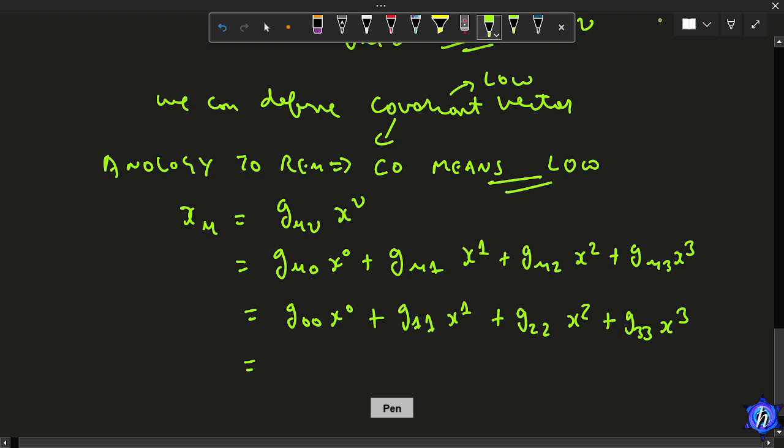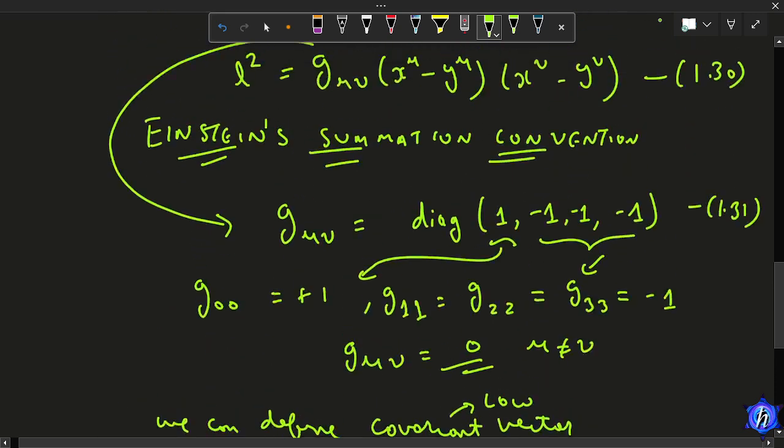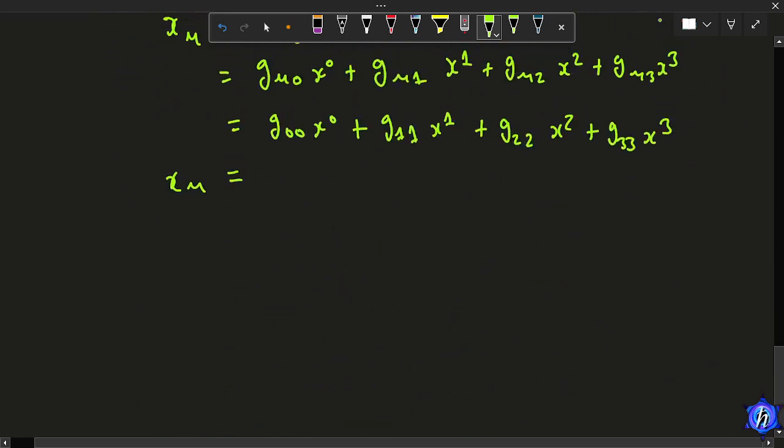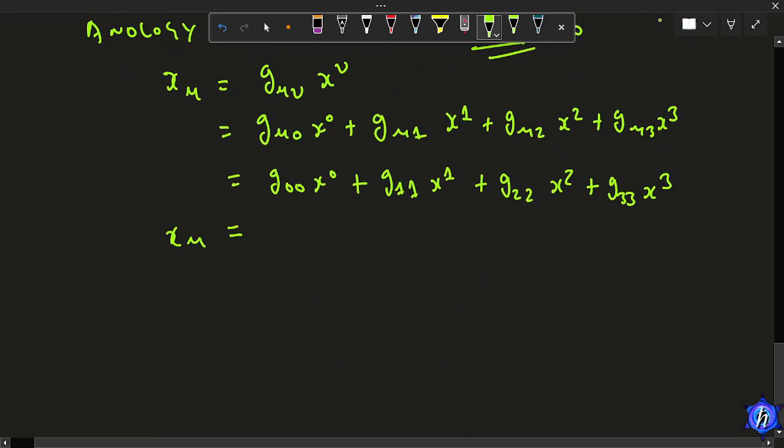So this is nothing but what we have done earlier, which is (ct, minus x vector). This is equation 1.32.